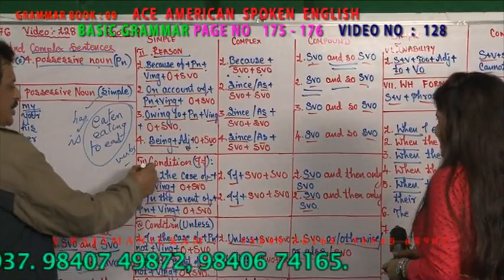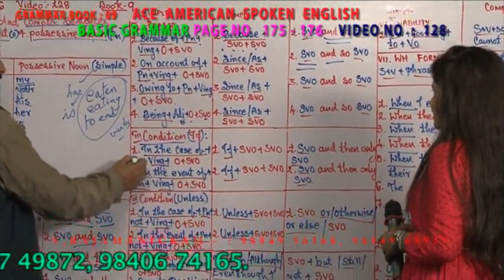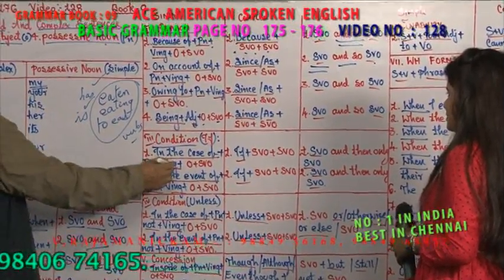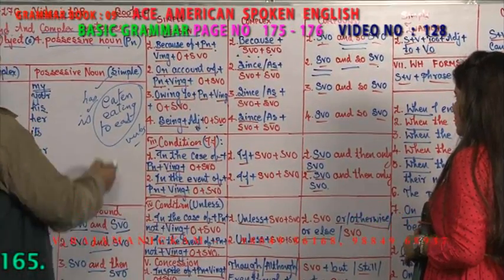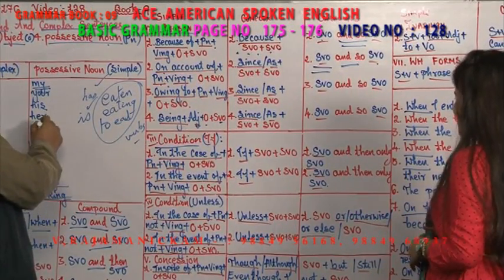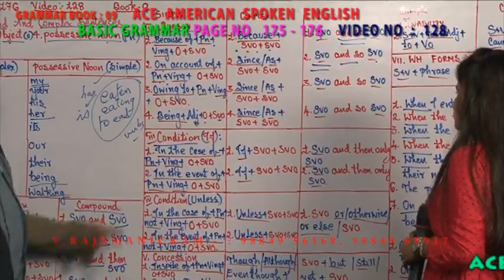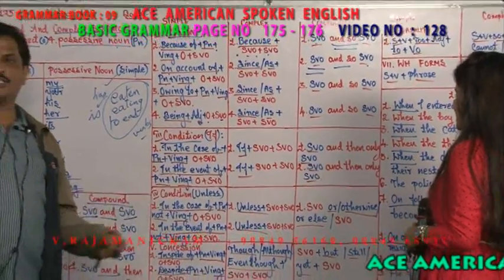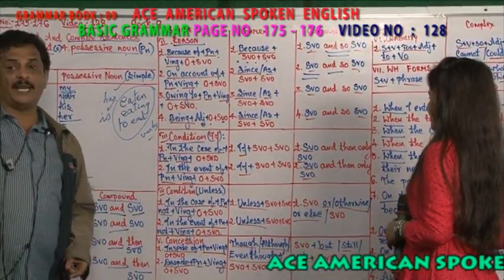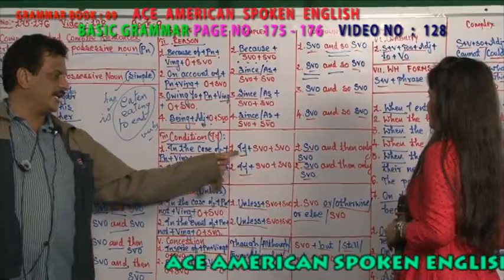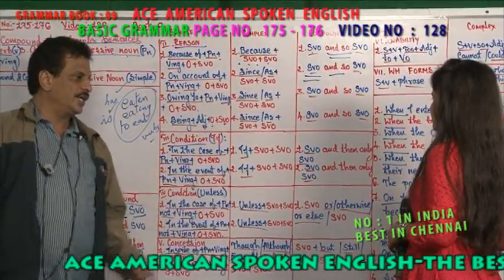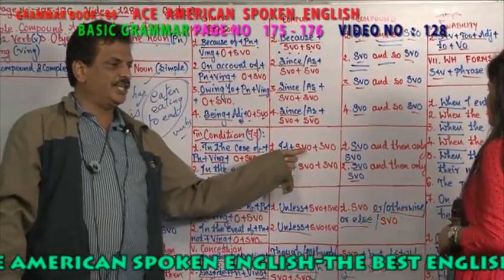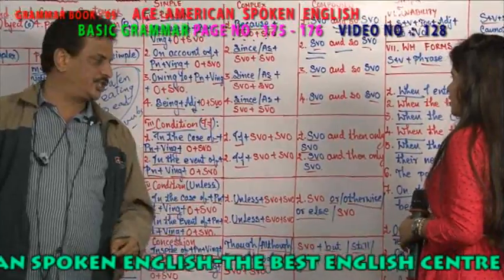Now condition. In the case of plus this plus verb plus ing, subject verb object. In the case of her winning the election, she will bring good projects, right? Okay, if with SVO, SVO. If she wins the election, she will bring good projects.